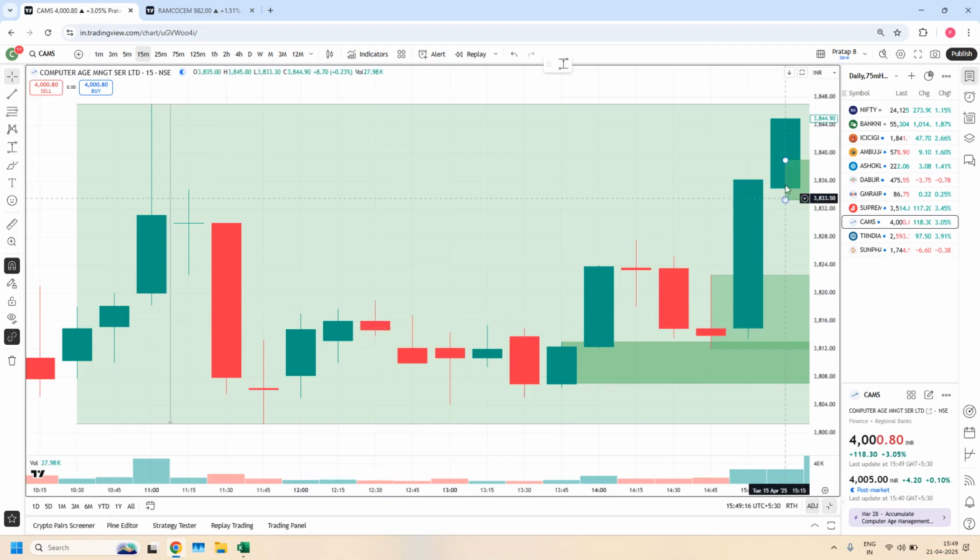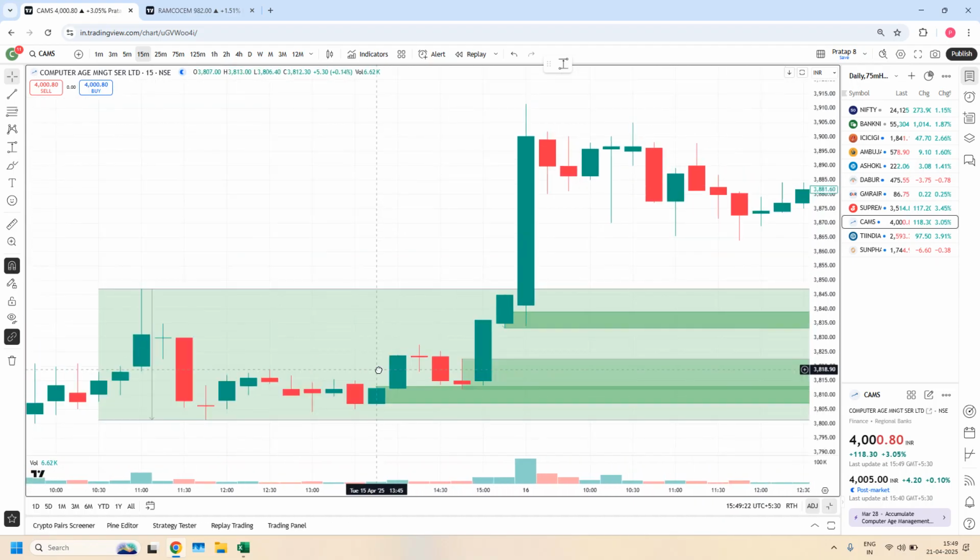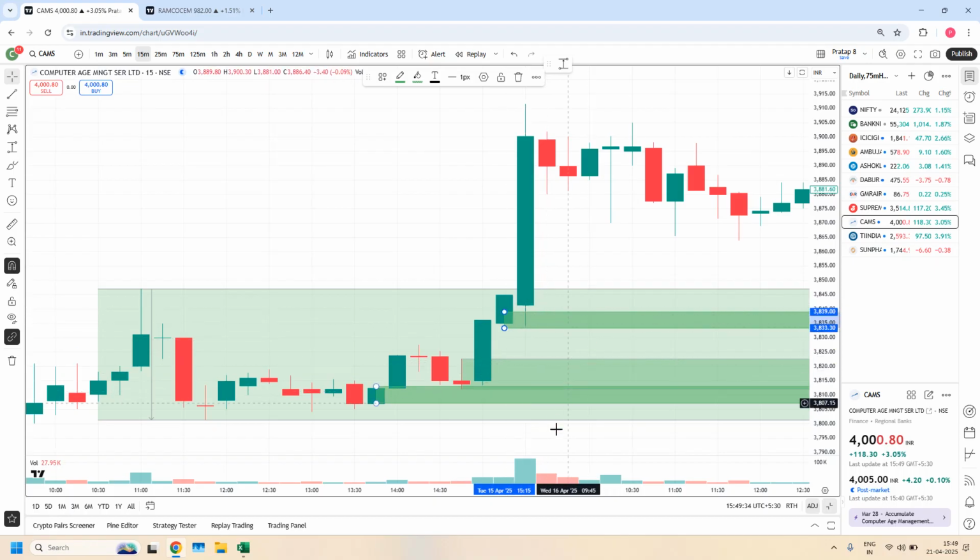But this is not a tiny candle. This is a medium-sized candle. So the leg candle you can't keep in the base. That's why the 15-minute zone I did not draw. This is only a 5-minute zone. It is an aggressive trade setup. It is not a fine-tuned zone.